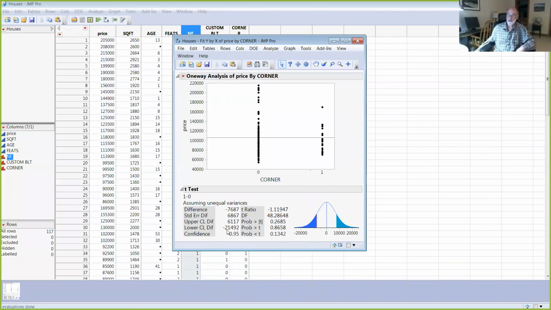The confidence interval ranges from a minus 21,492 difference, meaning that group 0 had a higher mean than group 1, to a plus $6,117 difference. Group 1 has a higher mean than group 0. So if we're 95% sure, it's anywhere from group 0 being higher to group 1 being higher. It's another way of saying we really can't say with any confidence, at least 95% confidence, that the two means are different.